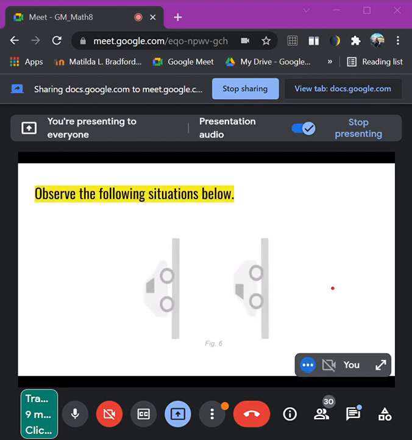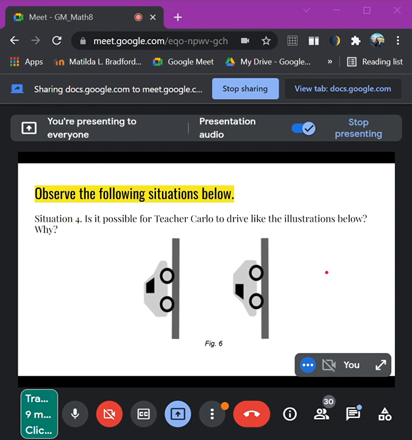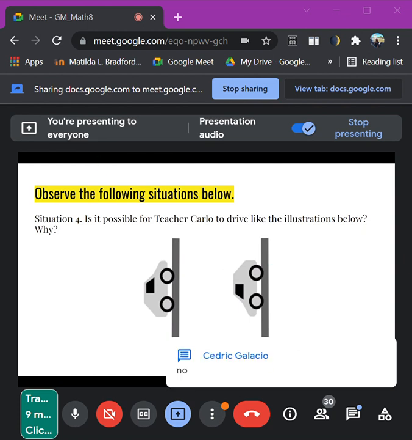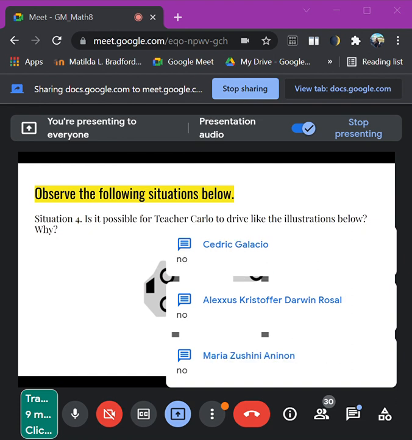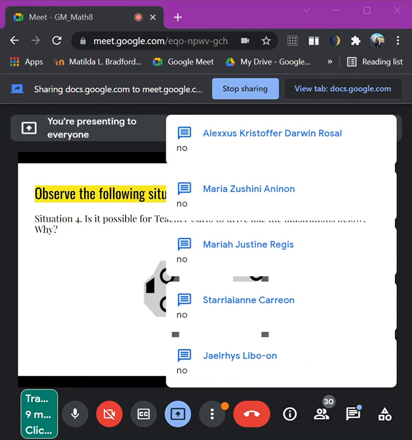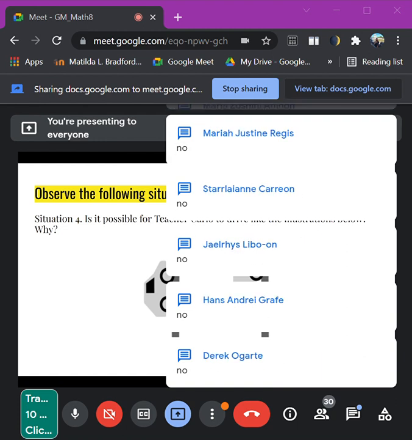So good job. Now, how about this figure 6 here? Is it possible for Teacher Carlo to drive like the illustrations below, and why? Okay, very good.